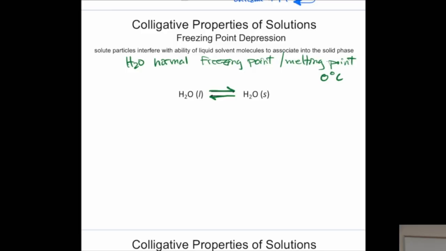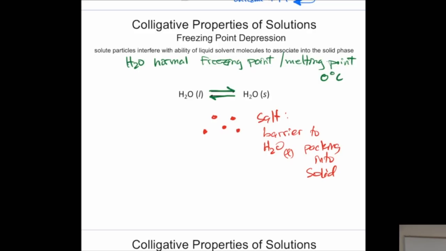If we start adding salt to the road, okay, salt, this is going to be a physical barrier to the H2O liquid molecules packing into a solid, right?